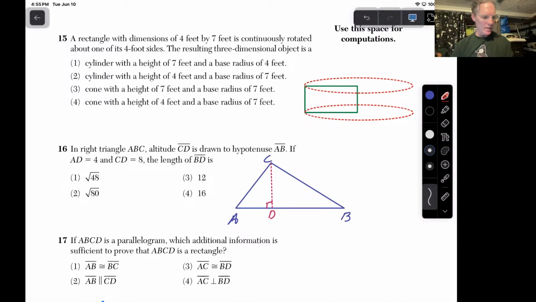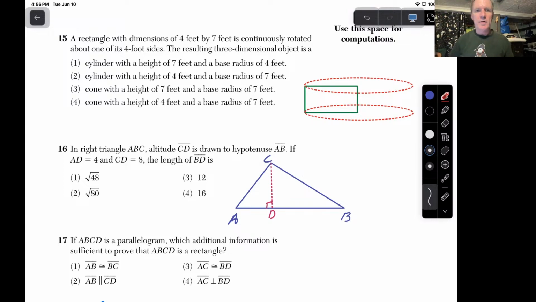I'm just taking a rectangle and rotating it about one of its sides. So the whole thing is being spun around. Imagine attaching it to this thing and spinning it around. It's just going to create a circular base.